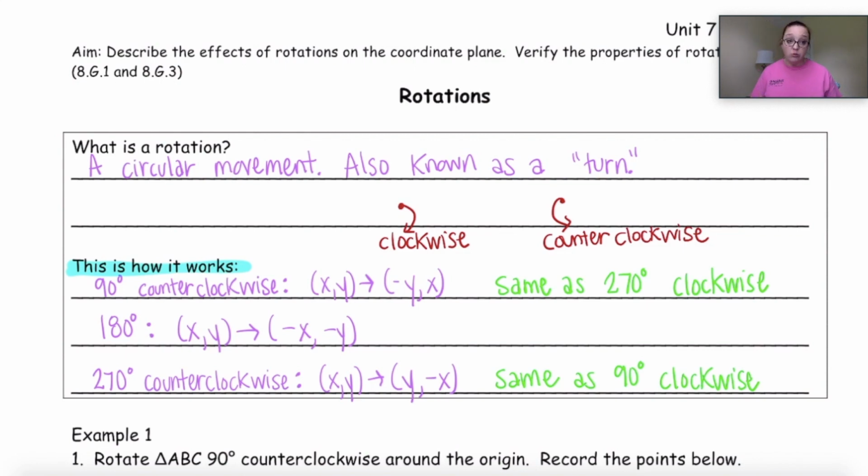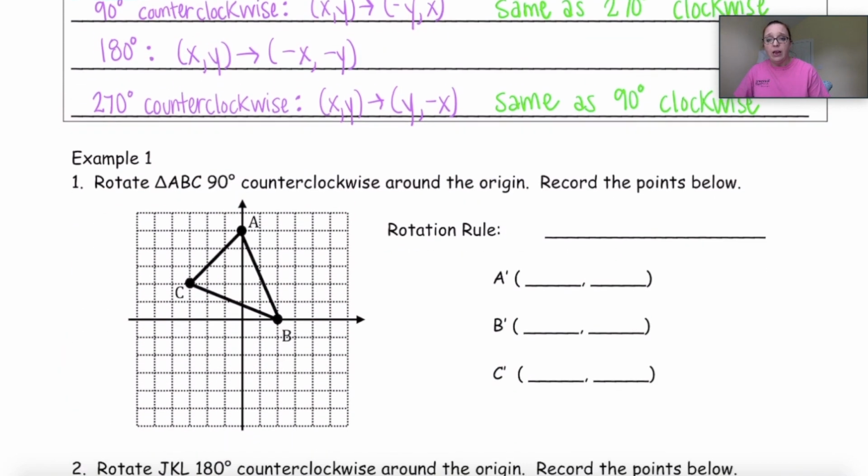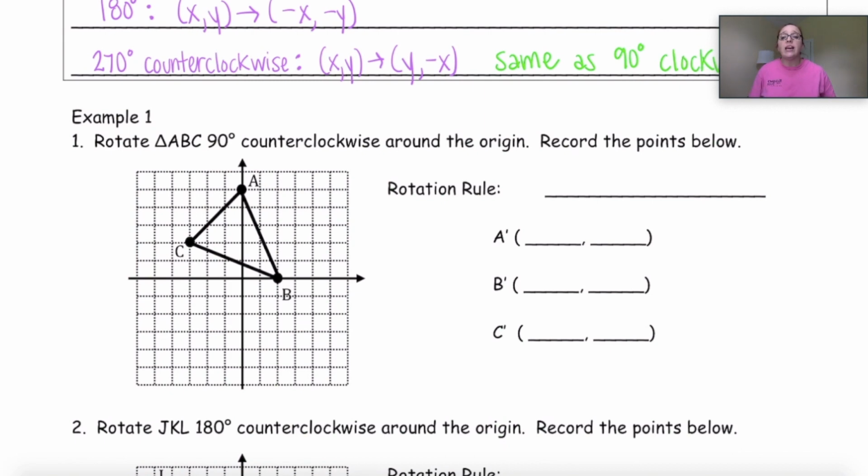Okay, let's do some examples. Looking at the first example, it says to rotate triangle ABC 90 degrees counterclockwise around the origin. Record the points below. So let's look at the rule that corresponds to that. I'm going to find the rule that says 90 degrees counterclockwise.